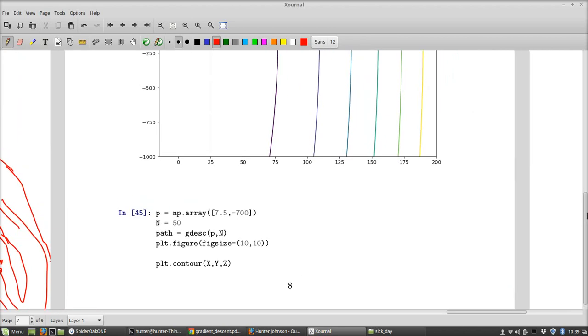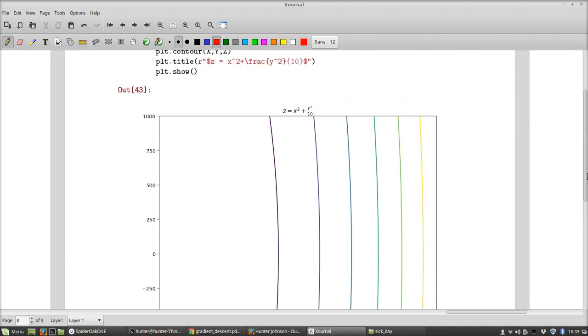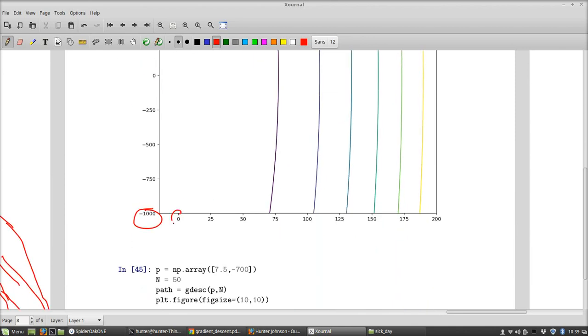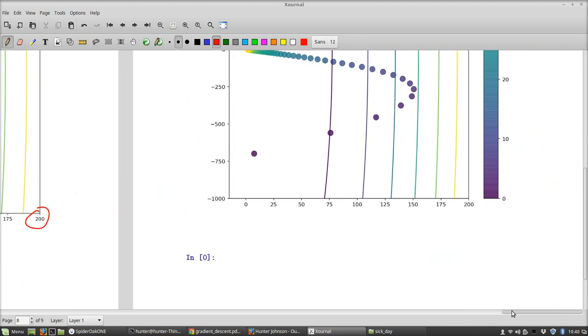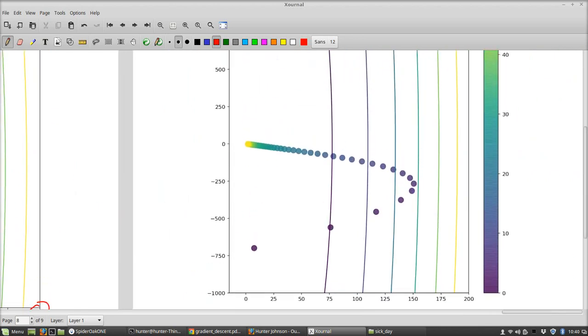I tried to capture that a little bit here by making the Y scale now go from minus 1,000 up to positive 1,000, and meanwhile the X scale just goes from 0 to 200. So you can see that it does kind of a crazy thing. It's supposed to be climbing downhill, but it starts going uphill, and then it realizes that it's doing something wrong.